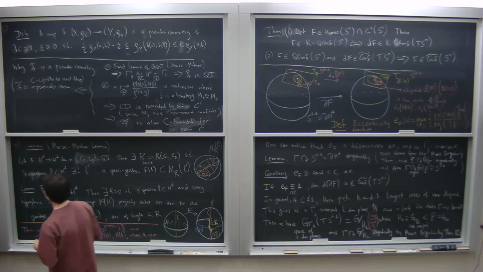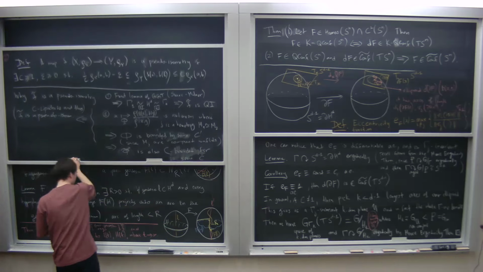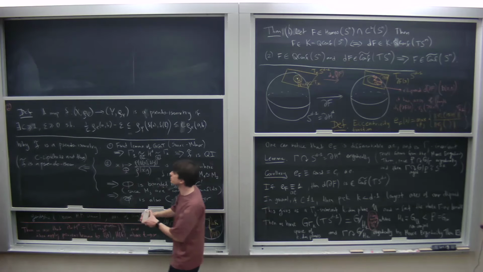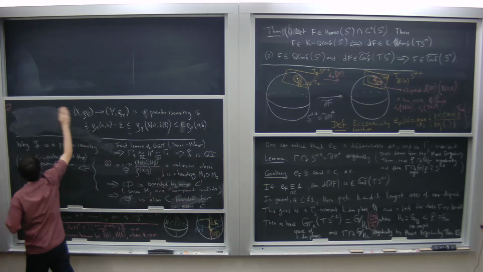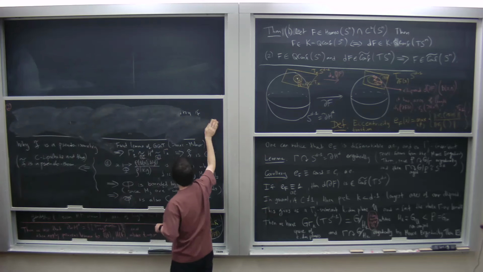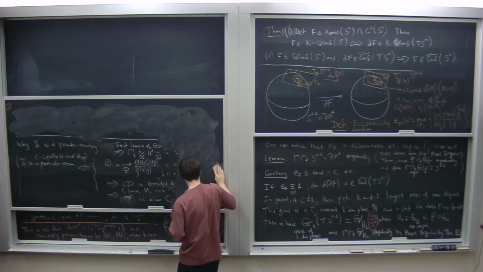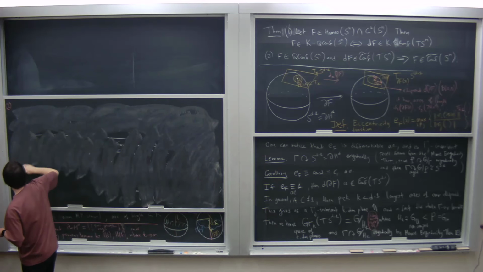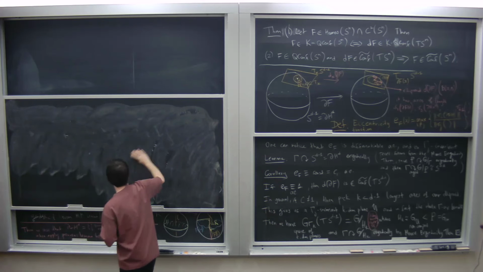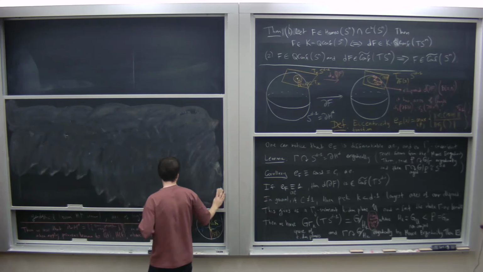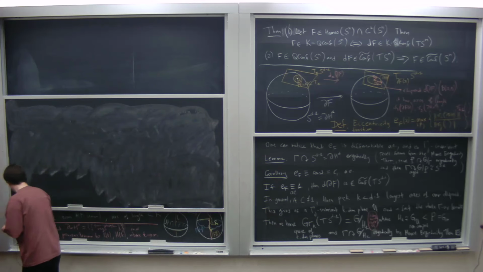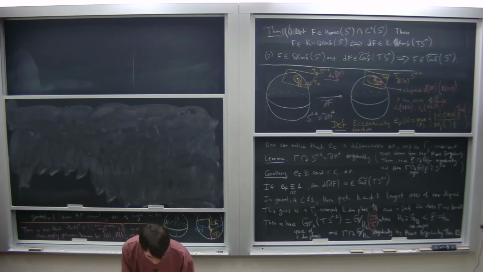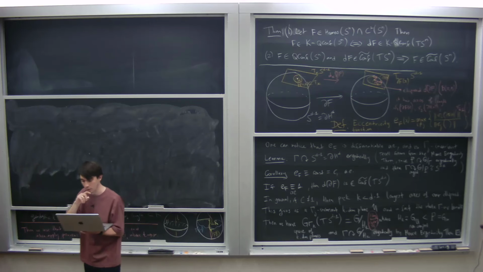So if I have a gamma invariant section, okay, let me raise this. I will use my old notes.